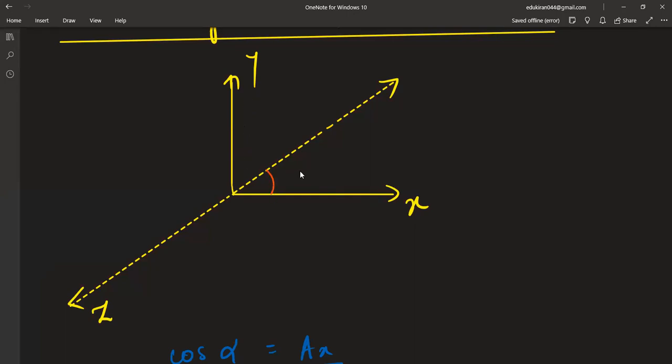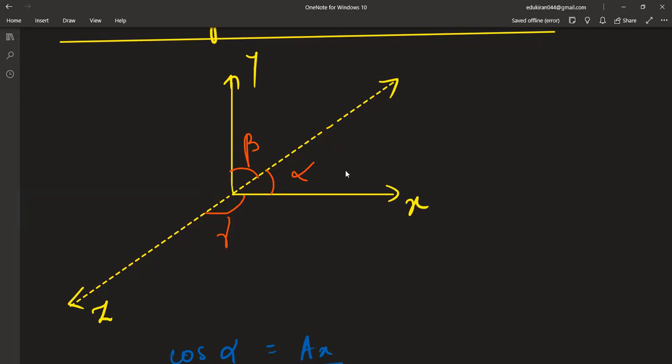So this is alpha, the angle that x and z make, and z and y make, this is beta. And the angle that z and x axis make, we consider it as gamma. So all the 3 axes we have written.